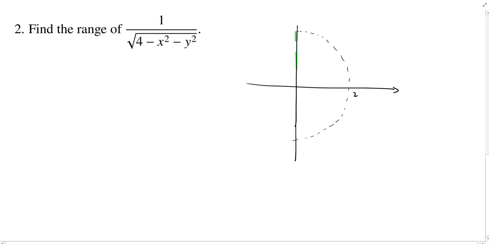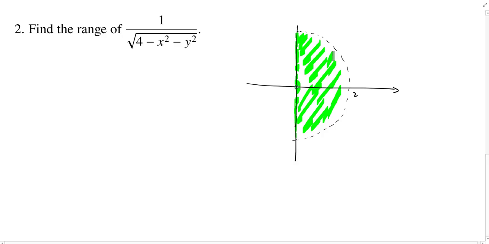Well, okay, when x is 0, that's okay, except when y is 0. We can't have that. So there's a little hole around the origin. Okay, fine. So you get everything down this axis here, and then you get everything inside this circle with radius 2. Okay, so that's the domain.